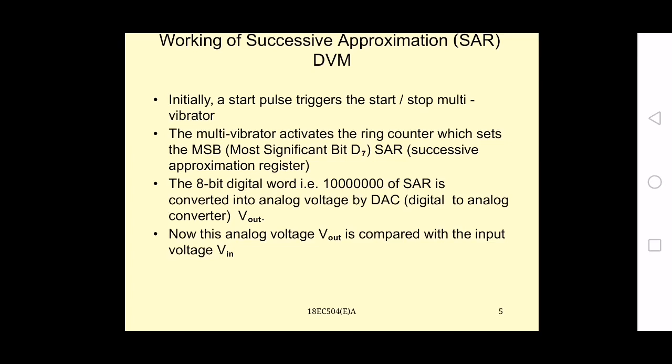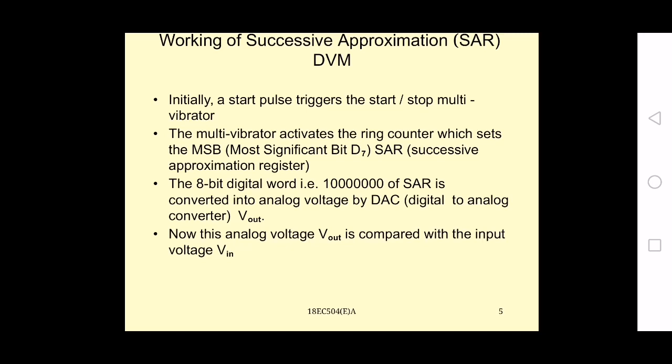Set MSB means it will set the most significant bit. So you have a total of D7 to D0, 8 bits, which means the bits will be 1 followed by 7 zeros. So your control register has the data 1 0 0 0 0 0 0 0, that is, the successive approximation register holds the 8-bit digital word 1 followed by 7 zeros.